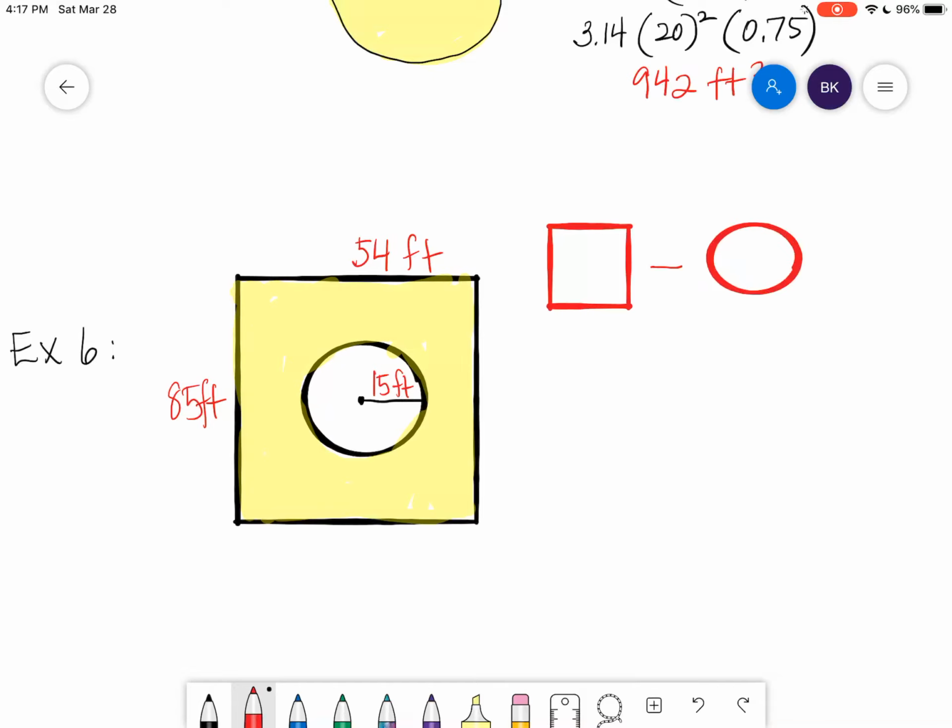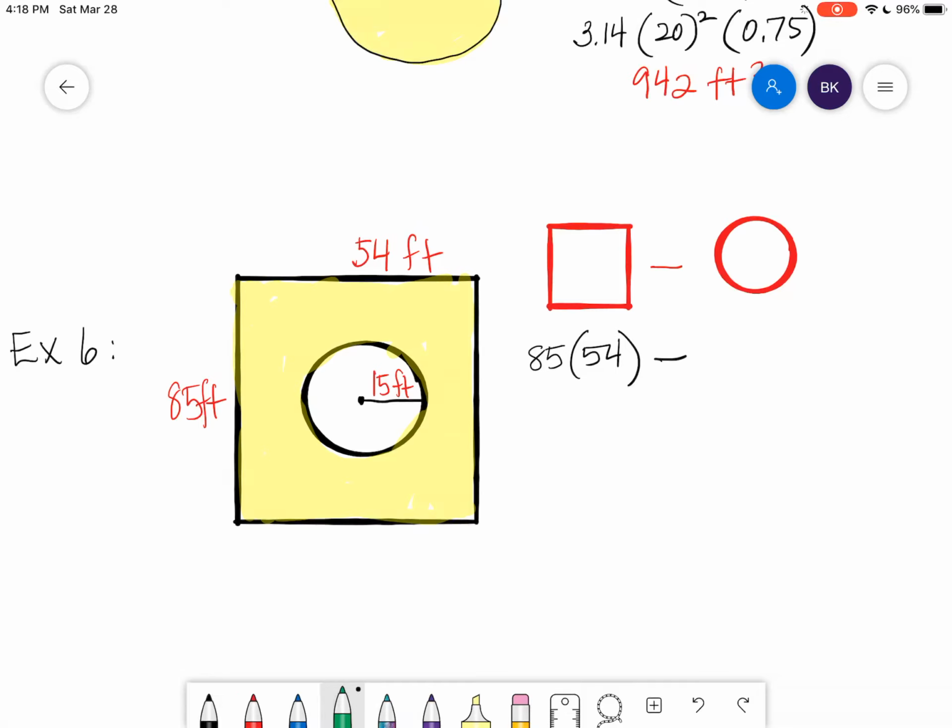So minus the area of the circle. This is sort of like an oval. Let's make it circular. Perfect. The area of the rectangle would be length times width, or 85 times 54, minus the area of the circle.